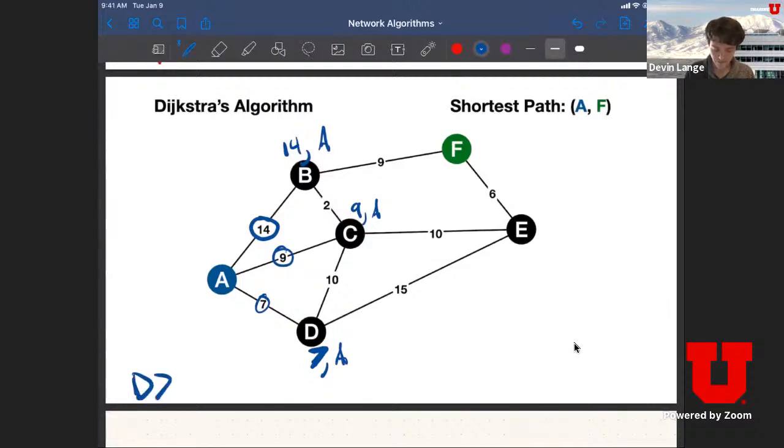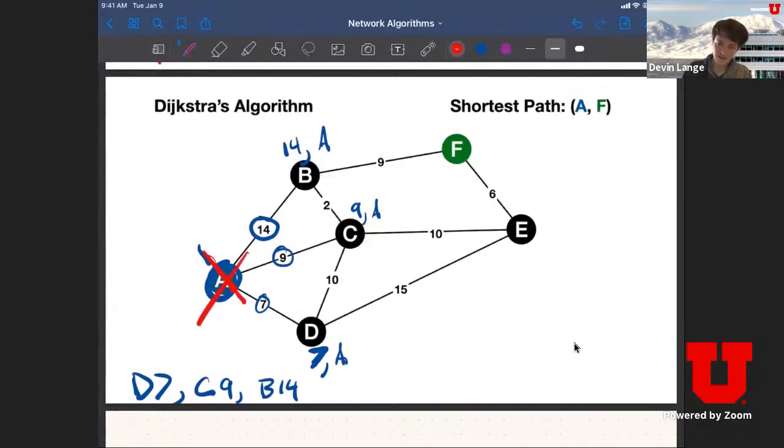So we have D7, we have C9, and we have B14. And the other bookkeeping thing that we have to do here is we have examined A, we've looked at the neighbors, checked them, and added them to this data structure. Therefore, we are done with A.